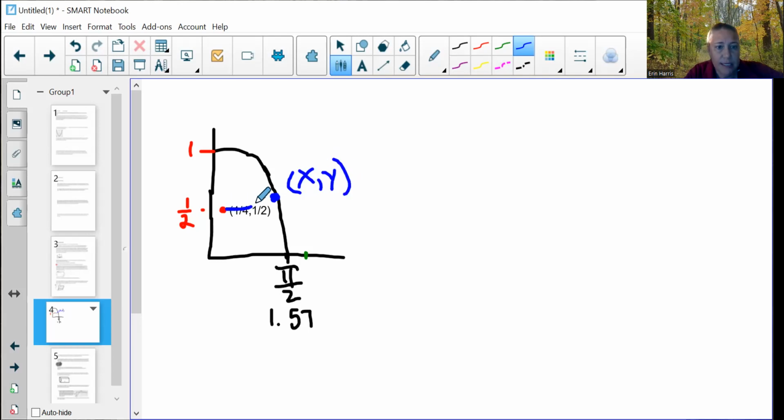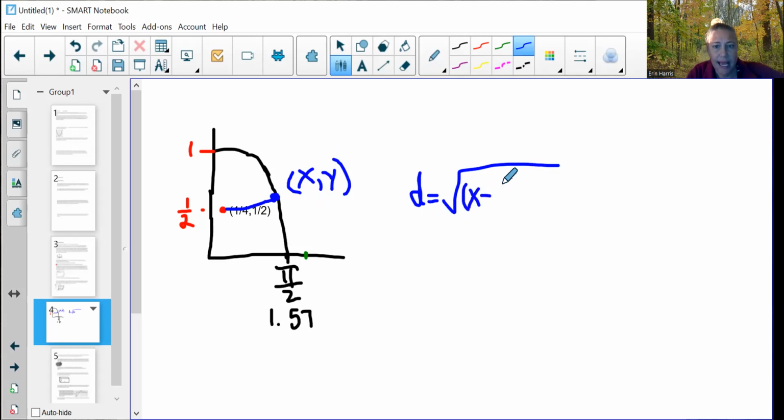So what I'm doing is writing, oh, that should be a straight line. Oh, that's a terrible straight line. So pretend we've got a straight line there connecting the point in red to the point in blue. And we are going to write a formula for the distance of that line. Our distance formula says take the difference between the x values. So this is why you don't have to have a picture.